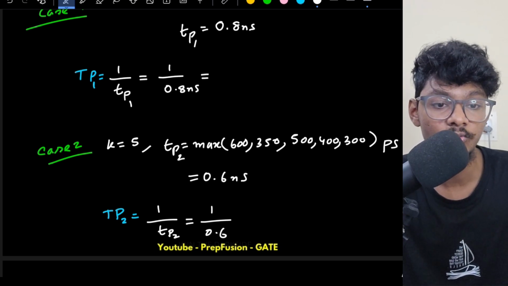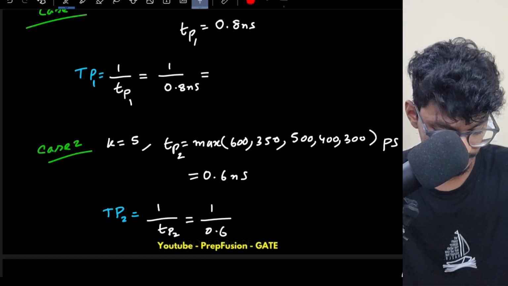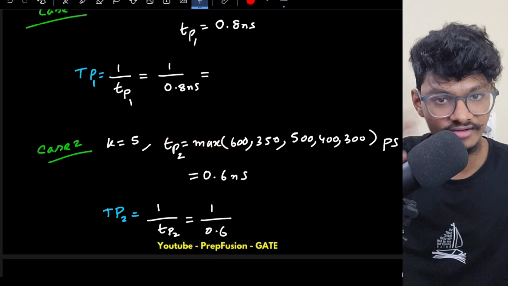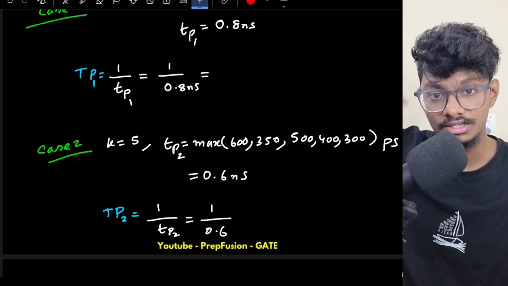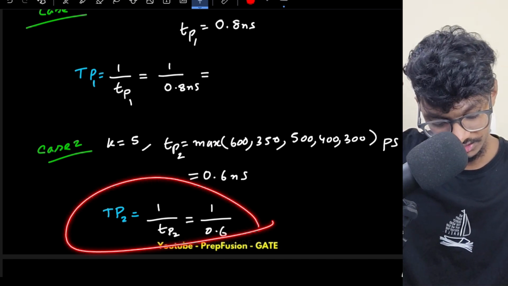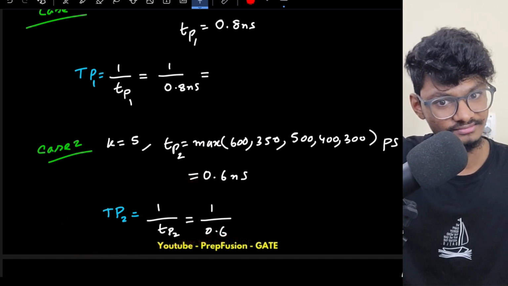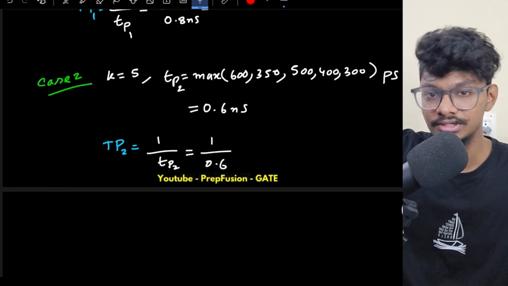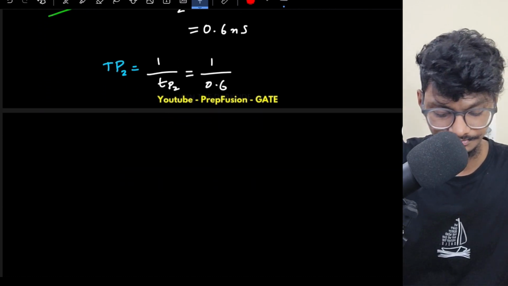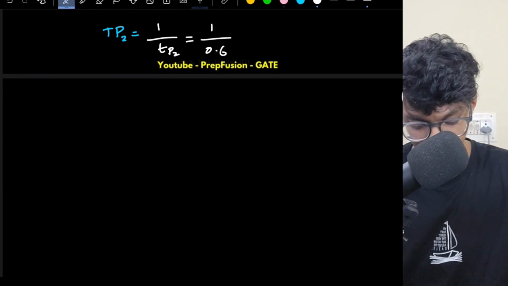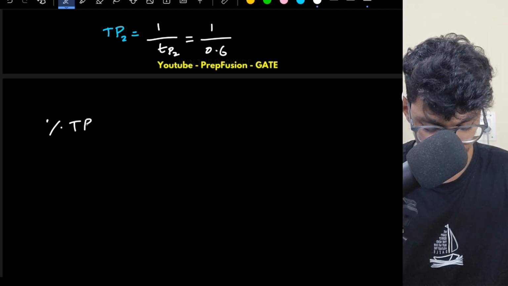Now they have asked what is the percentage increase in throughput. Obviously TP2 has reduced, and if TP reduces, the throughput increases. Throughput is also a formula for clock frequency. So what will be the percentage change in throughput?